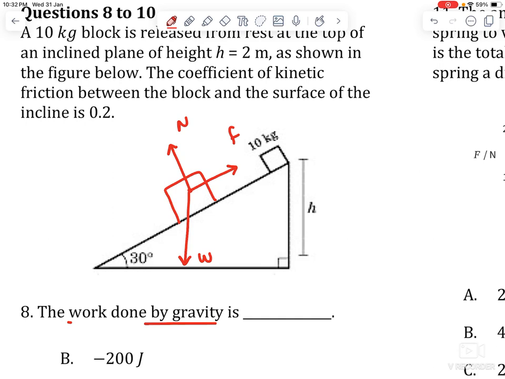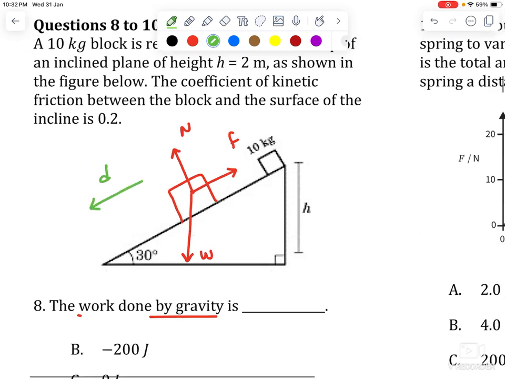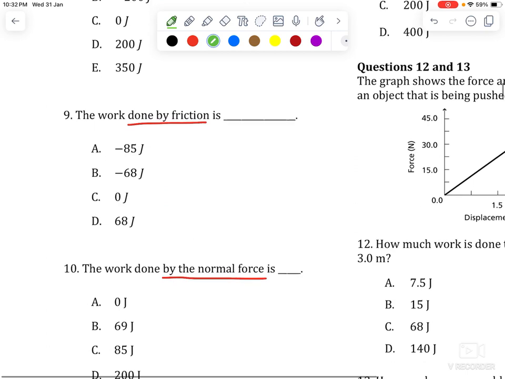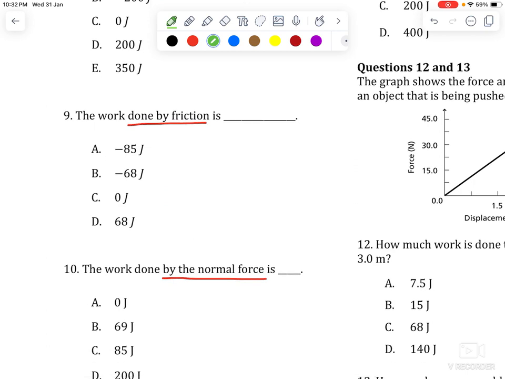Because the displacement is along the incline, it is perpendicular to the normal, so the work done by the normal is the force by the displacement by cosine of 90, giving me 0 joules. That's the easiest one. Now let's go to the work of gravity.